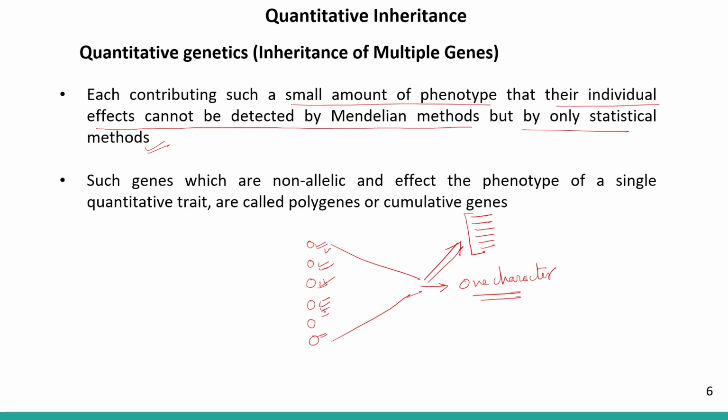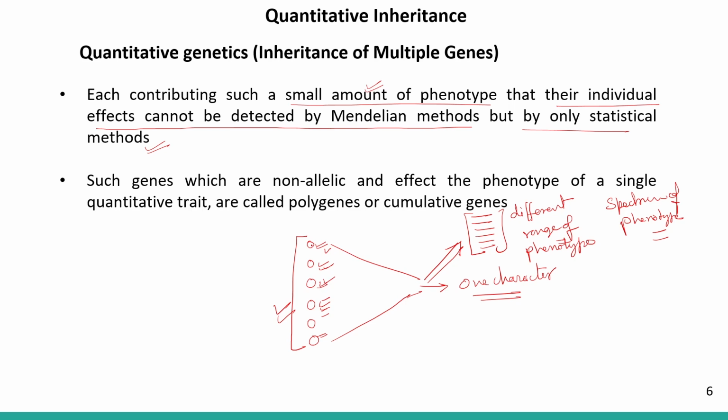All the time you will not have the same combination of so many genes, and that is why they will have a range of phenotypes, also called a spectrum of phenotypes.